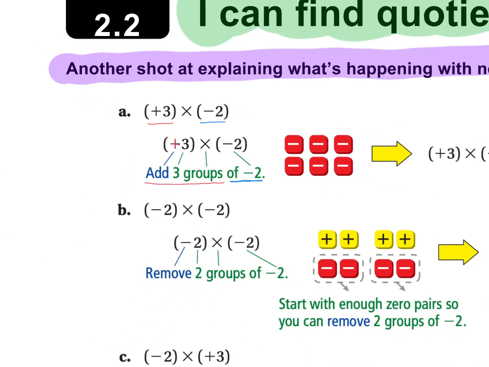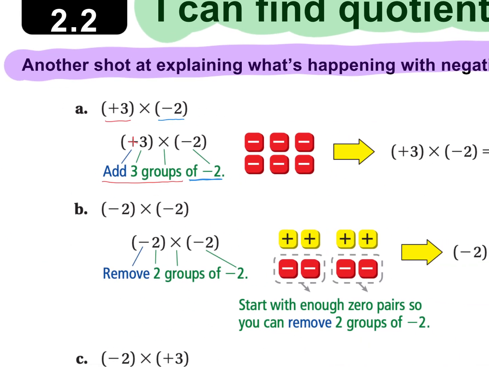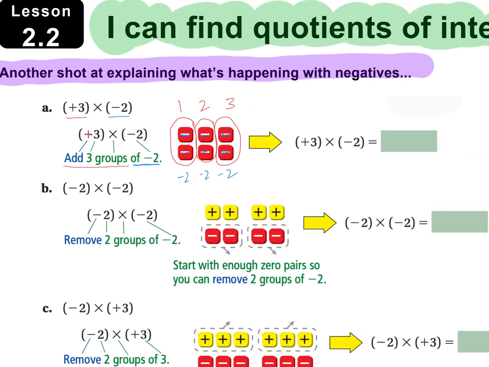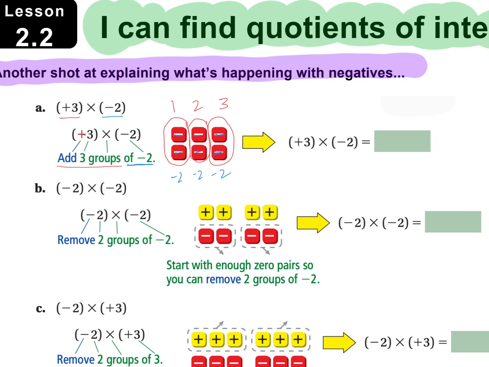So this is one group, this is one group, this is one group. We have 1, 2, 3 groups. Negative 1, negative 2, negative 1, negative 2, negative 1, negative 2. There are 2 in each: negative 2, negative 2, and negative 2. So the idea is that 3 times negative 2 is negative 6, because look, you can count that up and say, oh yeah, there are definitely 6 negative little counters there.